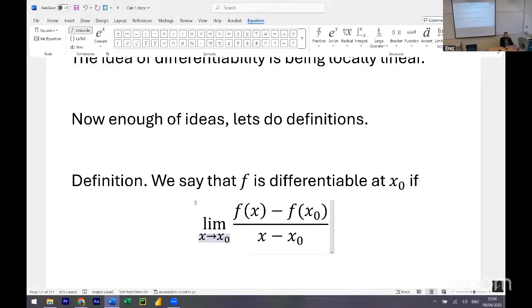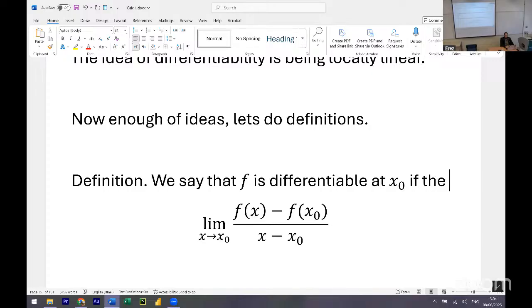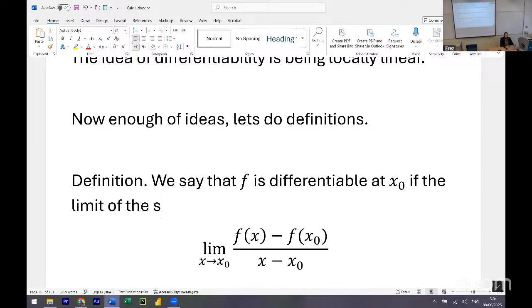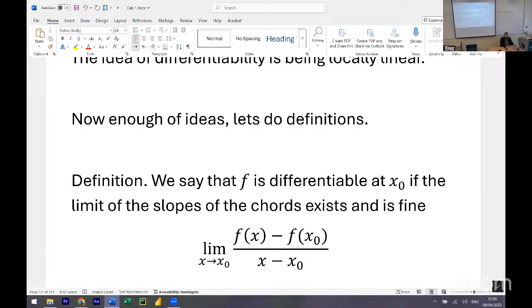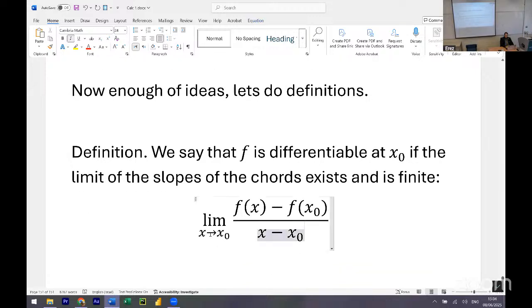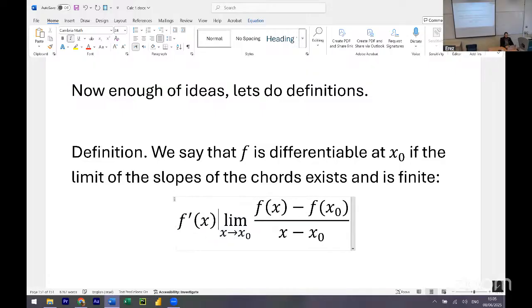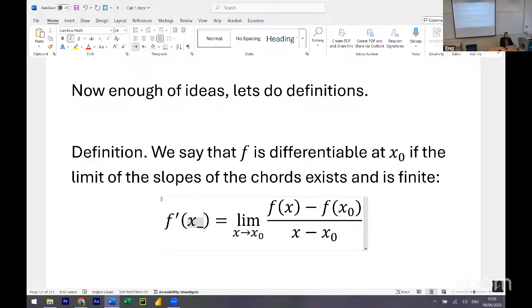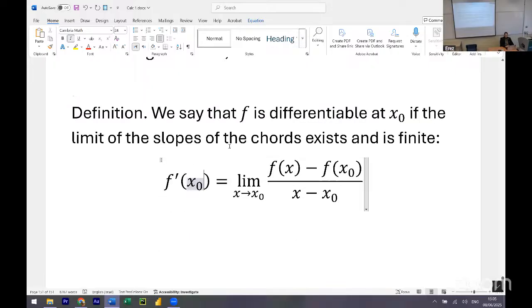So if the limit of the slopes of the chords exists and is finite, it's defined to be the derivative of the function at the point. So why am I saying it's the slope of the chords? You'll see in a bit.